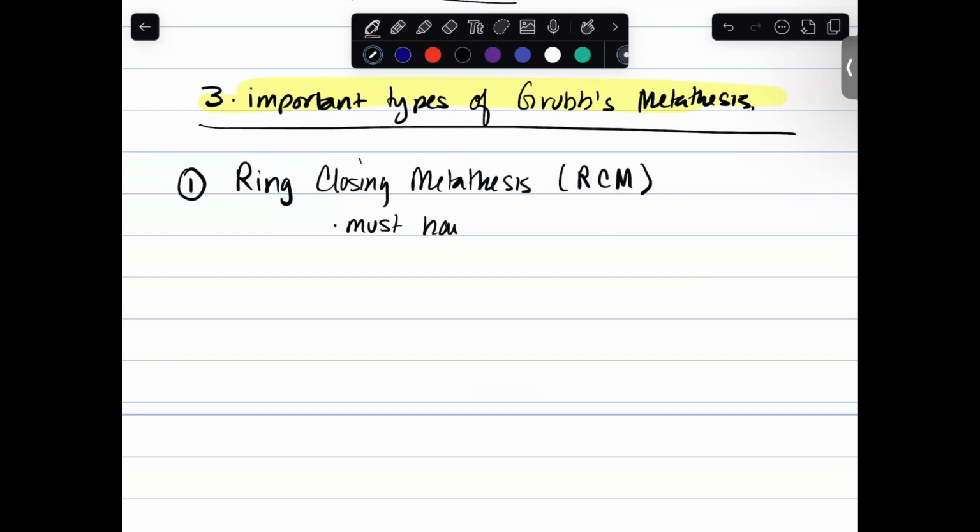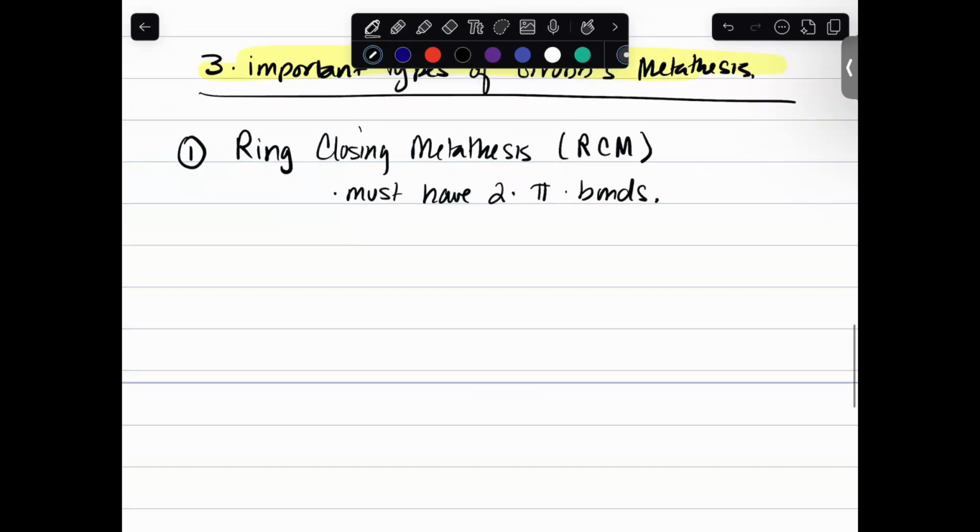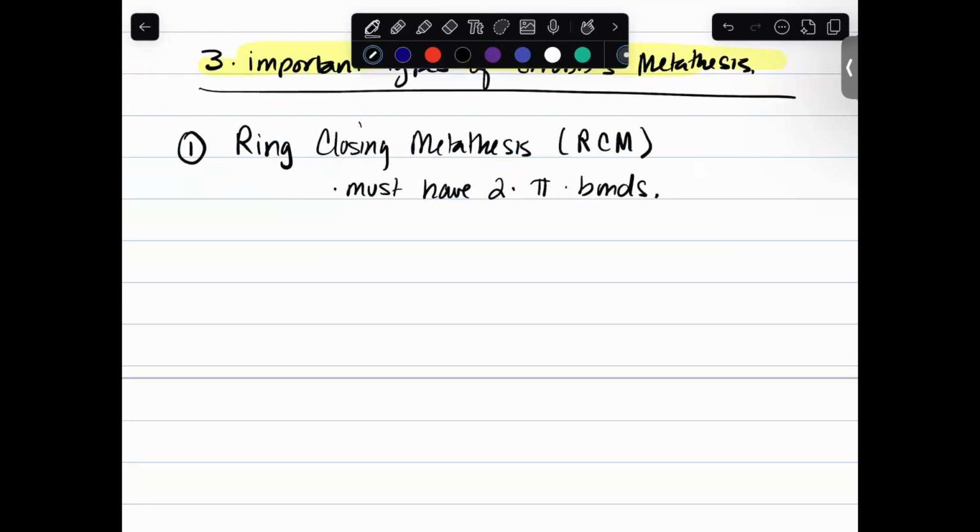Must have two pi bonds. And so the easiest example to provide is the following. You've got two pi bonds in a chain. This is a skeleton chain that's greater than 5 carbons.